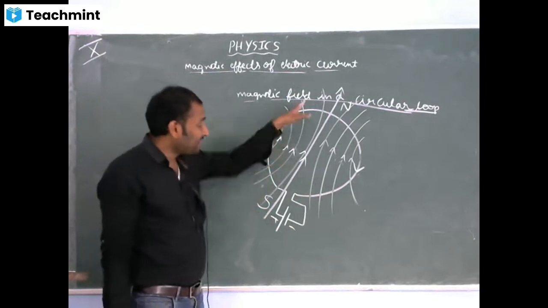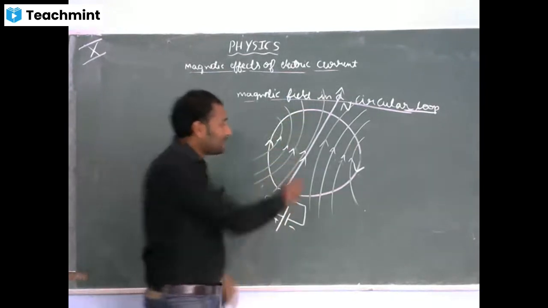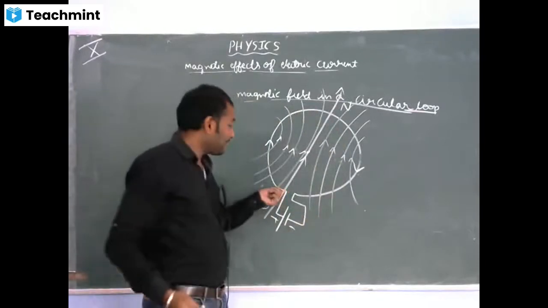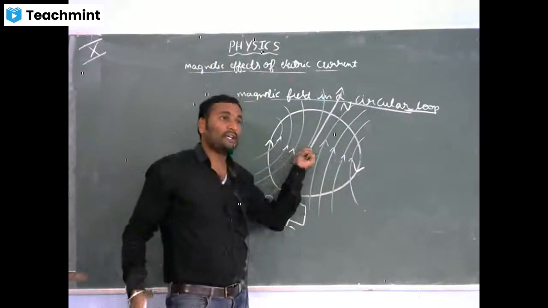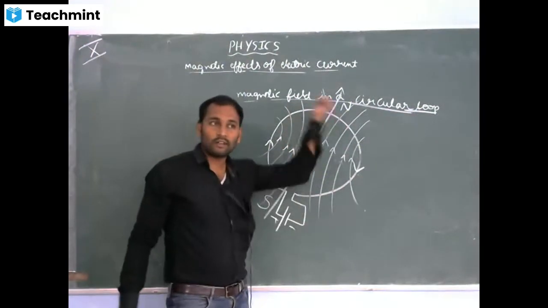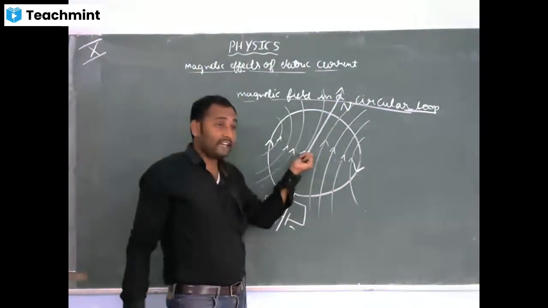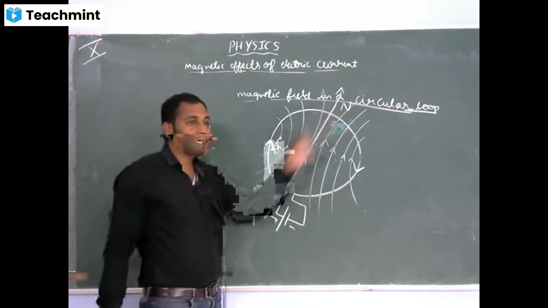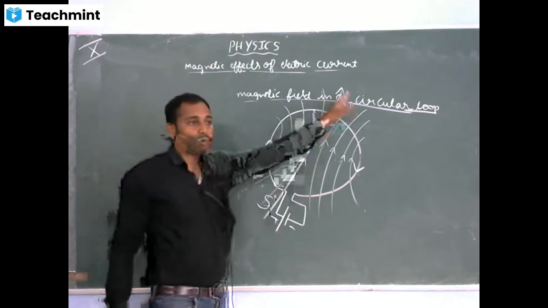As the magnetic field lines keep on traveling at the center of the circular loop, we will get a straight line passing through the origin of the circular loop. So on that straight line we will have north as well as south. We get north pole as well as south pole.